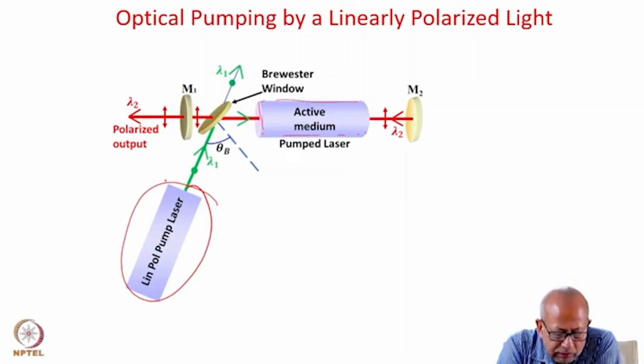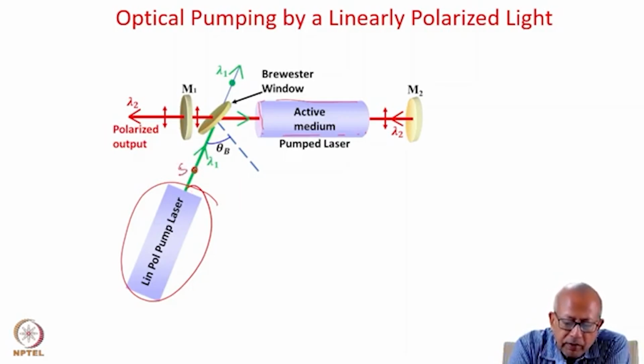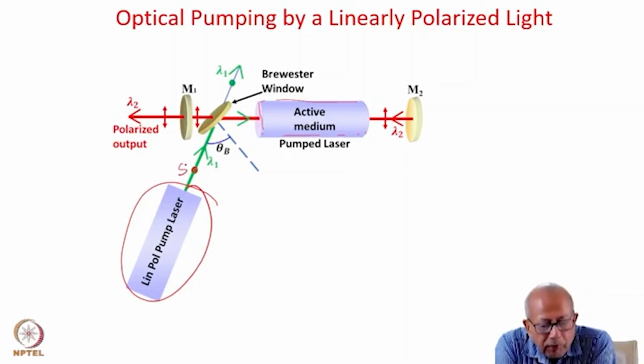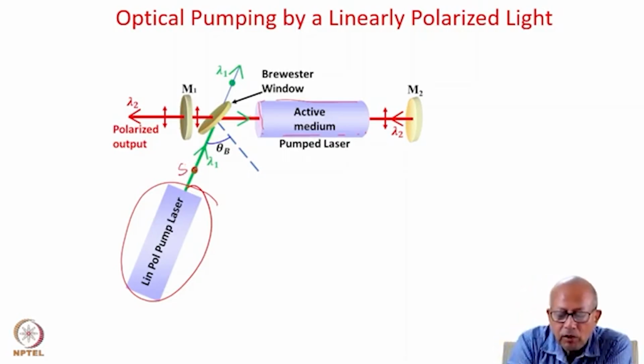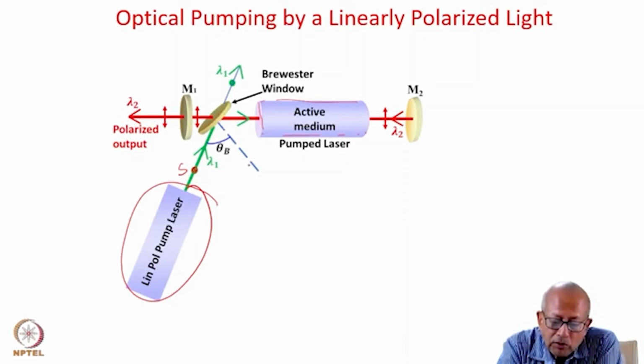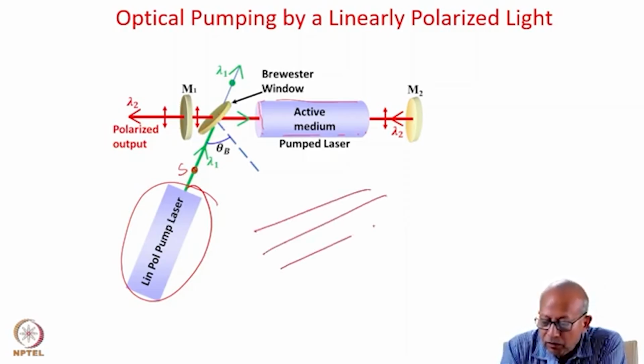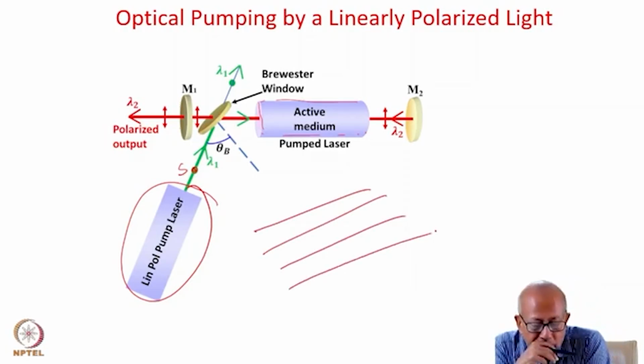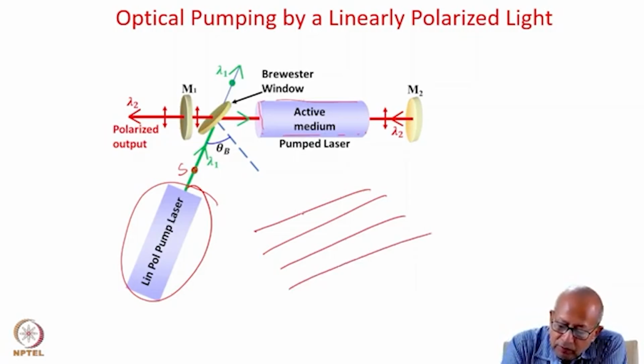This pump laser emits polarized light, and you make it emit S polarized light, that is, the polarization perpendicular to the incident plane. So the incident plane is here. This light shines onto this Brewster plate, and this is the normal to the Brewster plate. The plane of this paper is the plane of incidence, so the polarization is perpendicular to this plate.